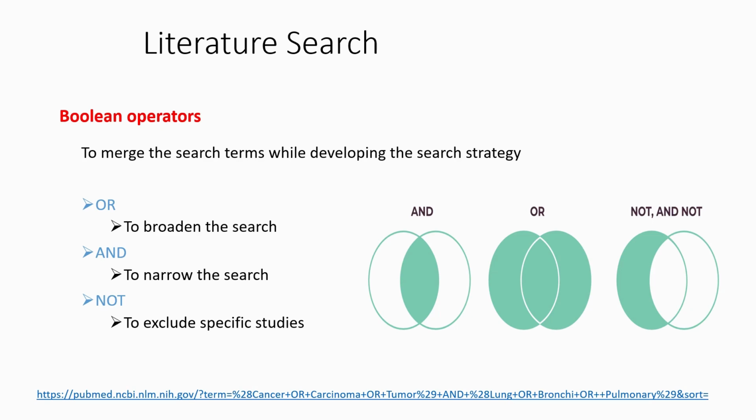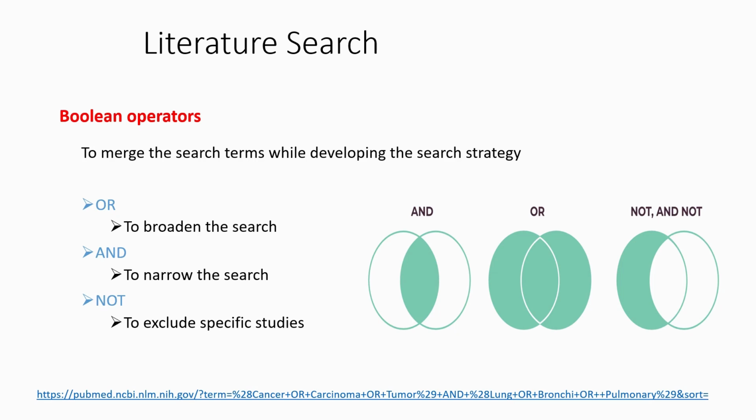And the AND will be used to narrow down your literature search where you will have to merge two different keywords. That time you will be using the term AND. And the NOT will be used when you want to exclude some specific articles or specific set of terms. So basically these are the three Boolean operators which we'll be using in case of literature search.